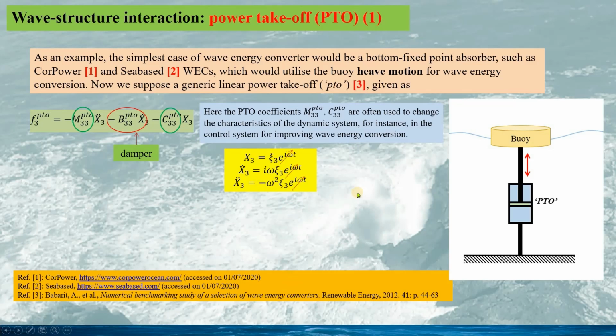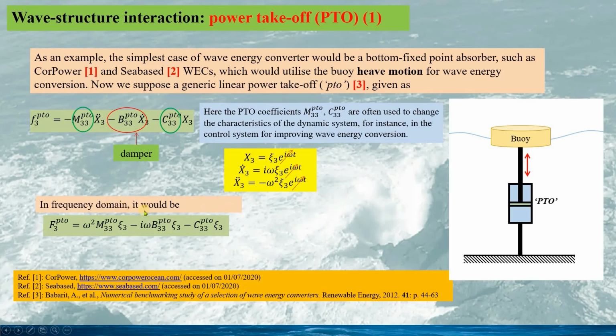So if we drop the time factor, the exponent, we can have the frequency domain expression for the motion, velocity, and acceleration. Therefore, in frequency domain, the power takeoff force would be given as this.